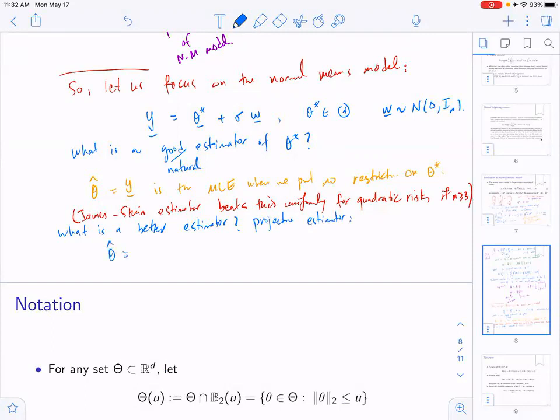So theta hat would be argmin, or one of the minimizers, any minimizer, could be multiple, of the norm of y minus theta squared. So this is like the L2 projection. So you find the theta in capital theta that's closest to y.